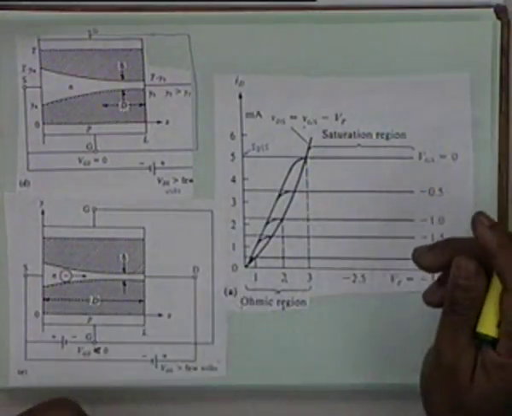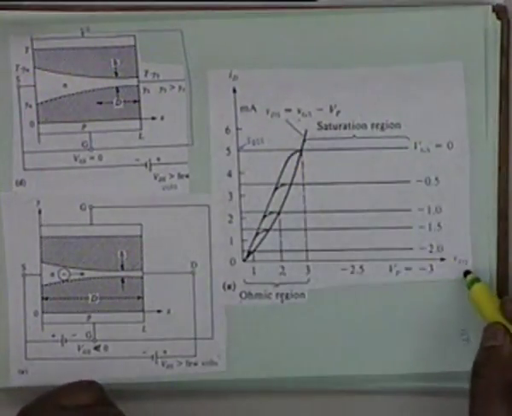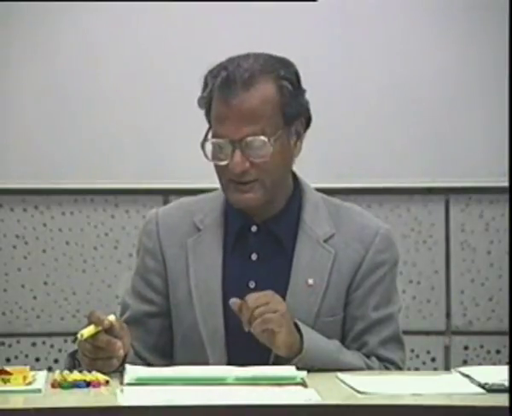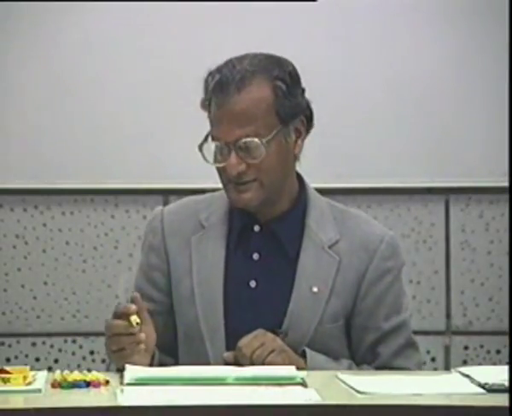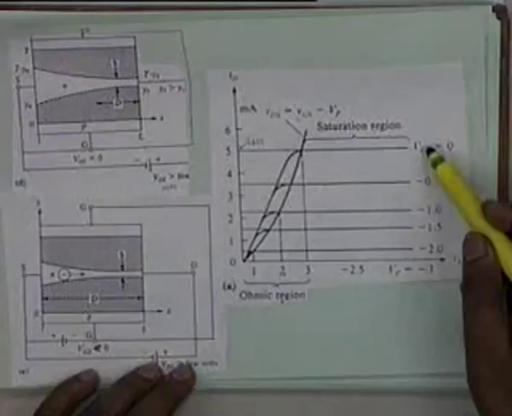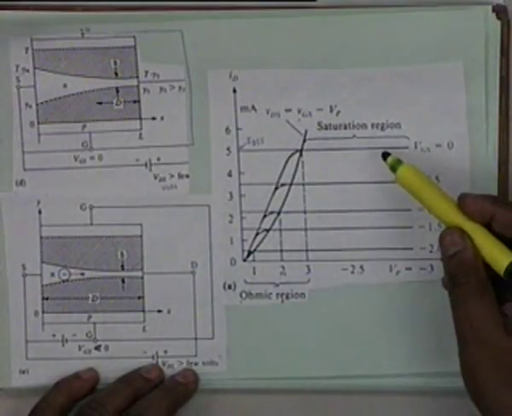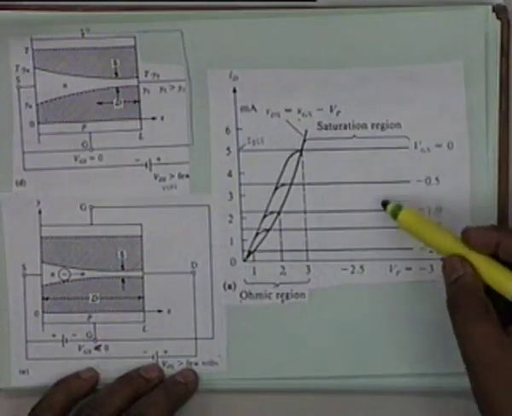Basically the current ID is a function of VDS, but the functional nature is controlled by the gate to source voltage. Now you notice other differences: for equal change of VGS, the current does not change equally.